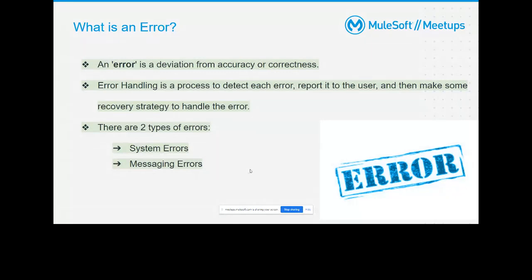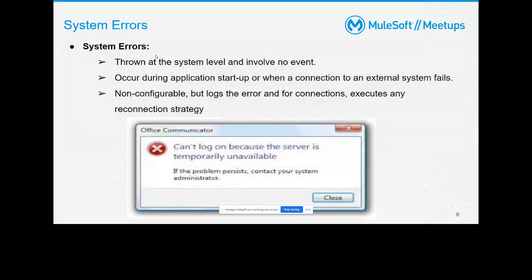What are system errors? As the name says, these are the errors which are thrown at the system level, which involve no Mule event. These errors occur during your application startup. For example, we all know that the basic requirement of Anypoint Studio is Java 8.